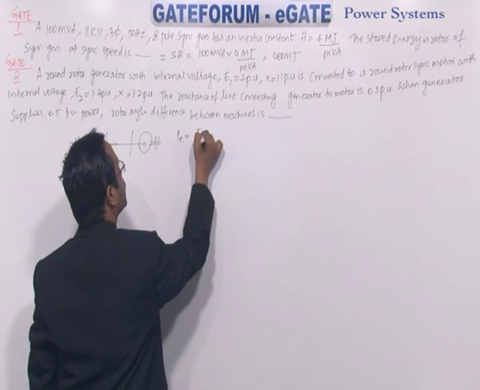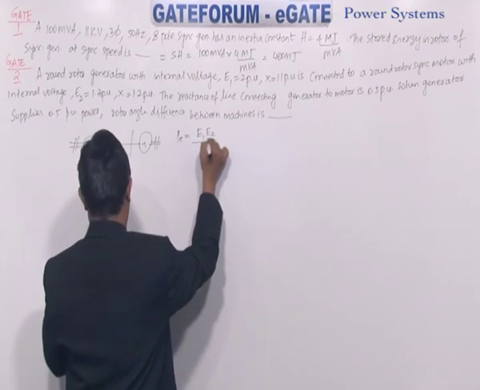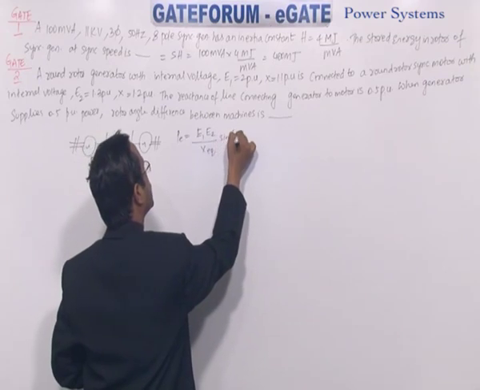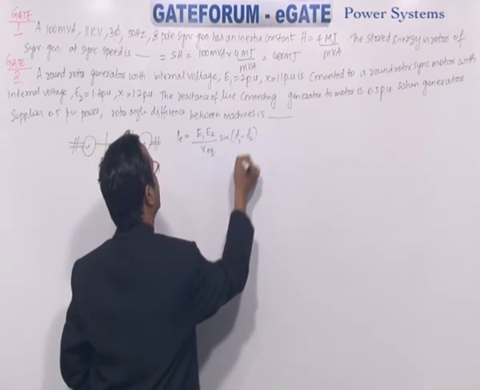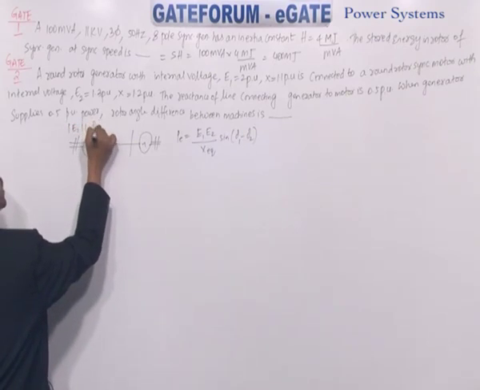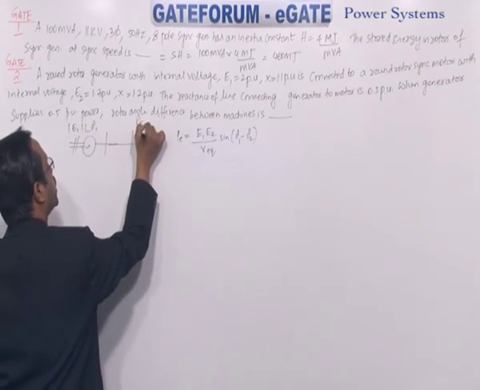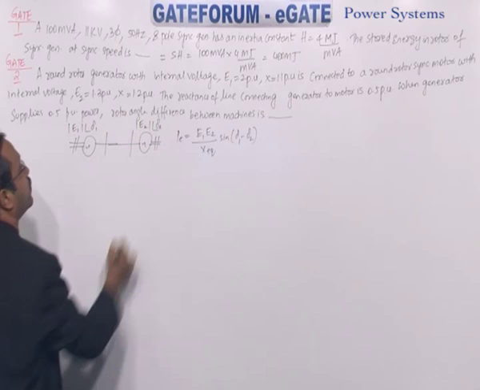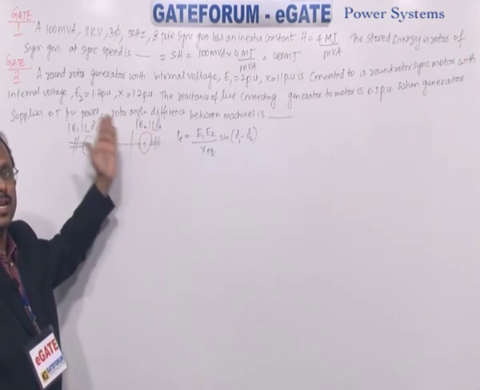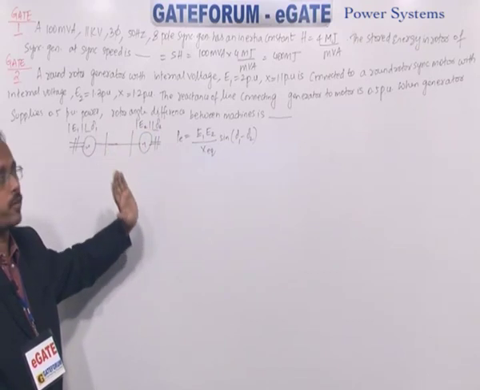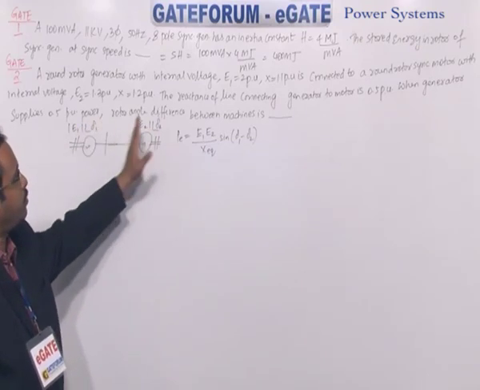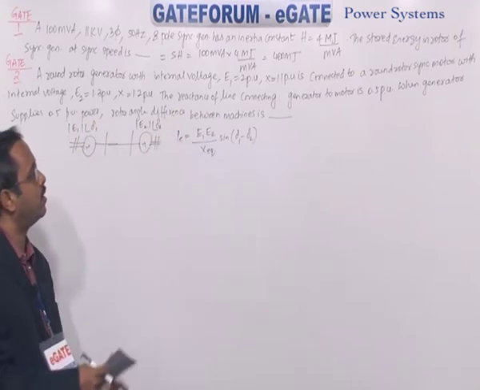You write it as E1 E2 by X equivalent sine of delta 1 minus delta 2. Because here you write E1 at angle delta 1, and here E2 at angle delta 2. Generally we write delta here and 0, so delta minus 0 is delta, we write sine delta. But here we have delta 1 minus delta 2.